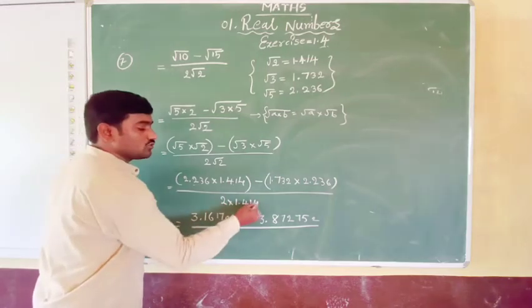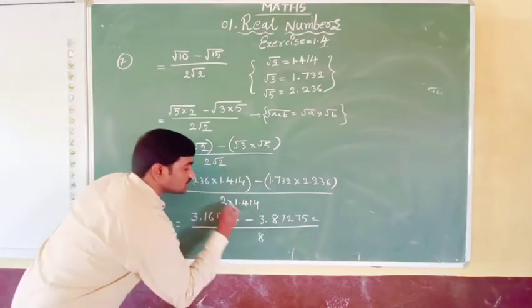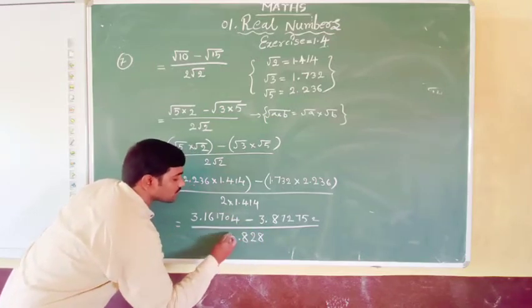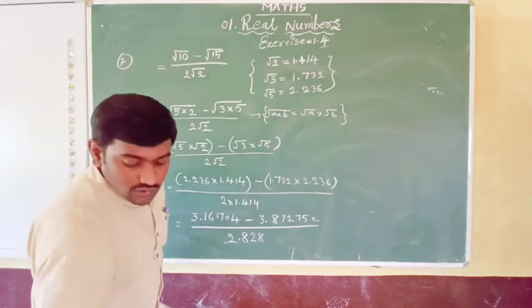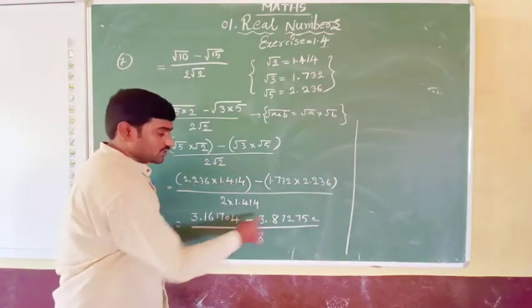Actually, with 2 into 1.414: 2 4s are 8, 2 1s are 2, 2 4s are 8 and 2 1s are 2. These are the values. Now we should find the difference of this. You need to subtract both.